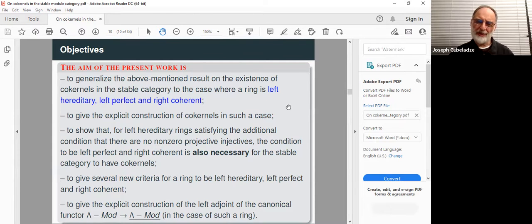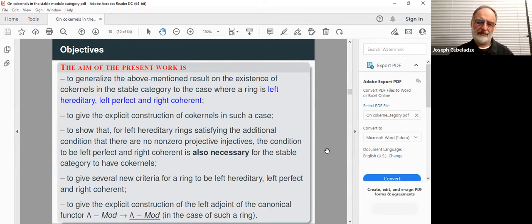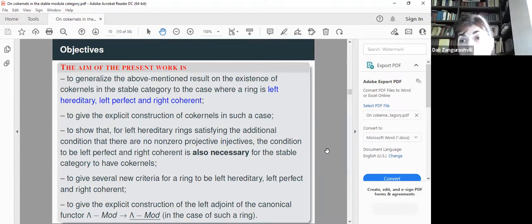Excuse me, but could you remind us of the definitions of perfect and coherent? Yes, I am going to give them. A ring is called left perfect if any left module has a projective cover, and a ring is called right coherent if any finitely generated right ideal of it is finitely presented.